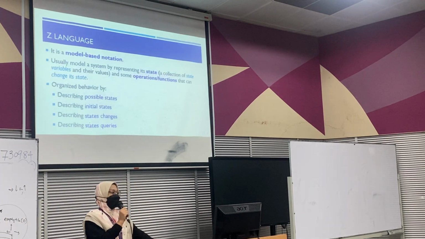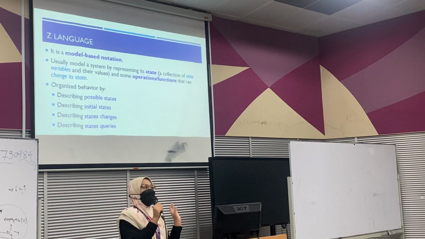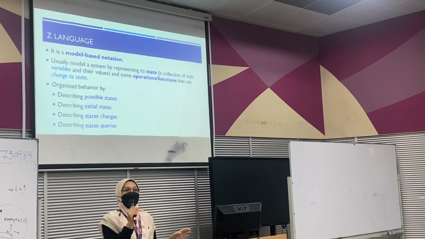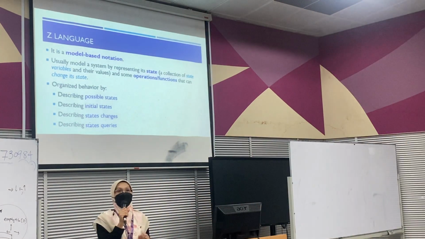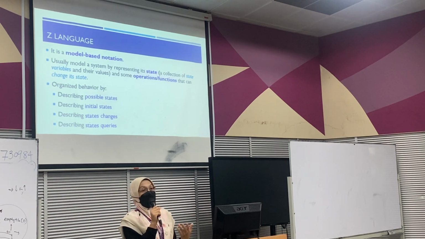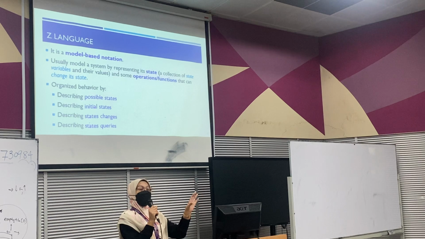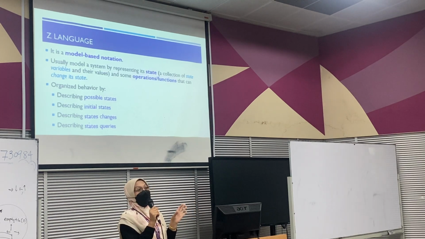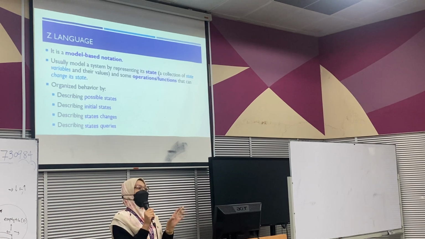So, as usual, last week we have actually discussed model-based notation. Okay, so Z is one of the model-based notations, because later when you start writing Z schema and so on, you will see that you are going to represent the information in Z using state. Okay, so similar like you have your module.